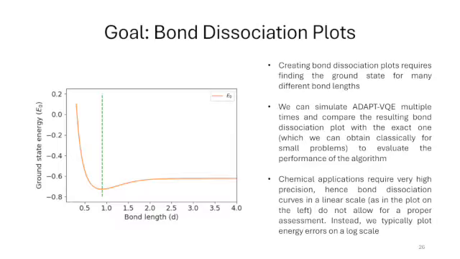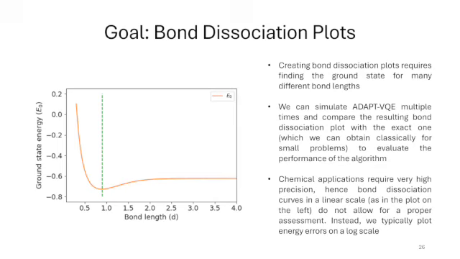Chemical applications require very high precision, so this type of curves, as plotted here, of the ground state energy in a linear scale, usually makes it hard to actually see if the algorithm is working or not for experimental purposes. So we typically plot the error in a logarithmic scale that is more sensitive to small changes.